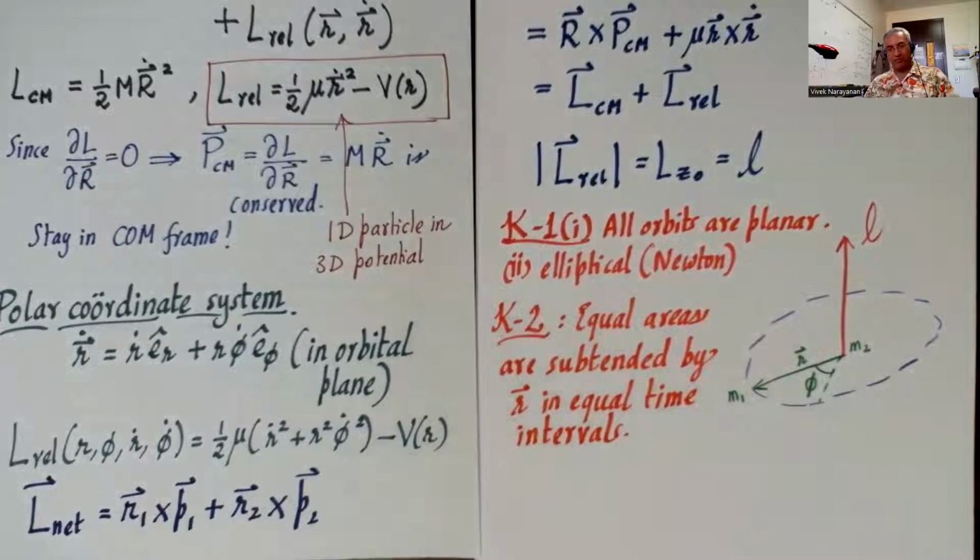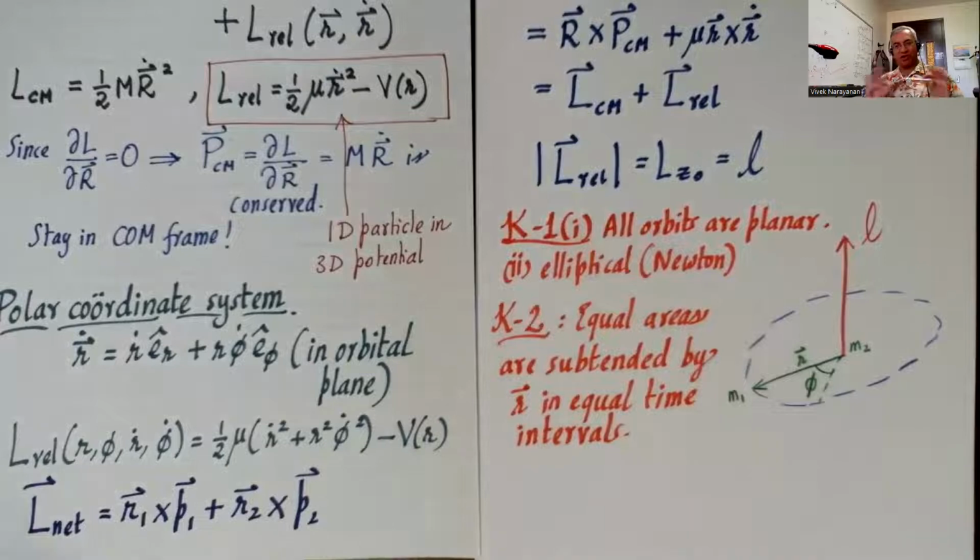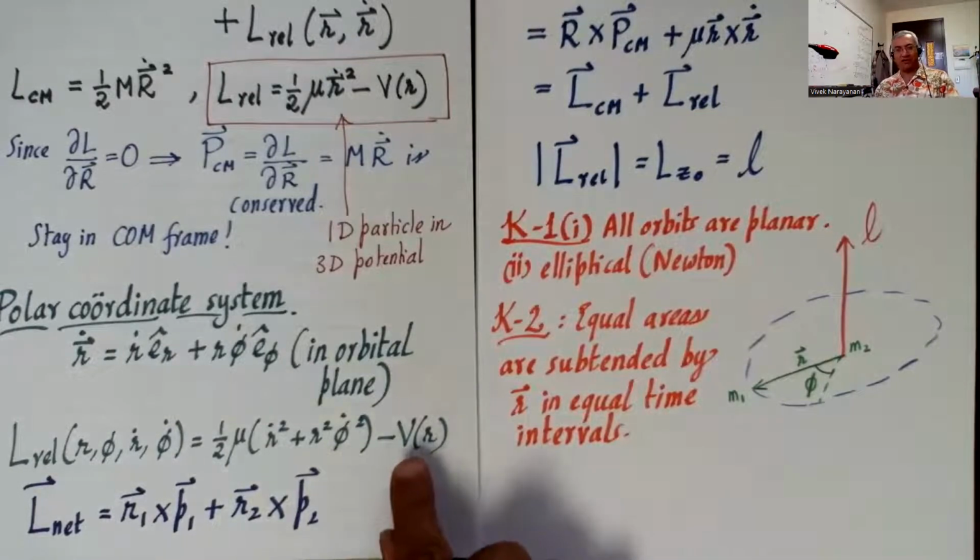The beauty of both K11 and K2 is they do not involve gravity. Why is that? Because I've not told you what V of r is.